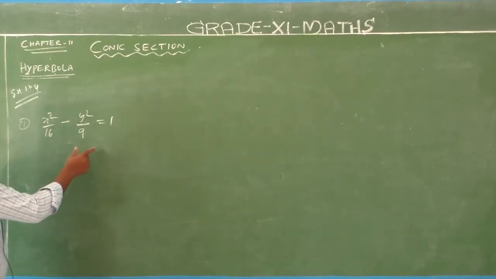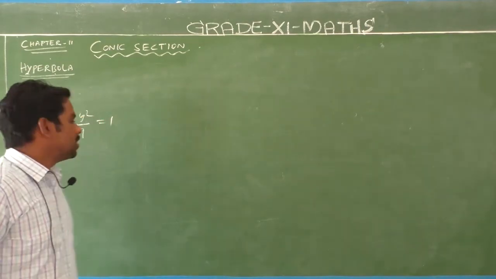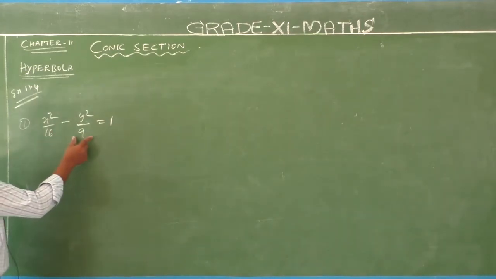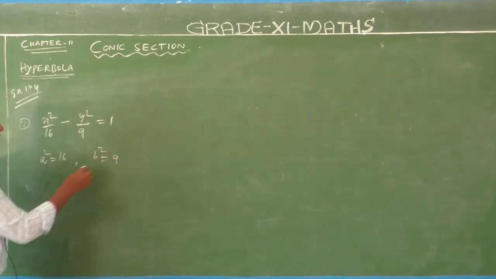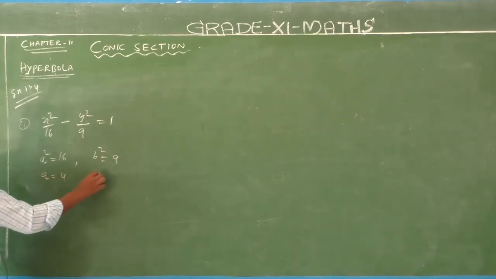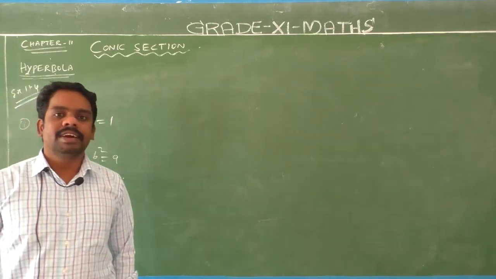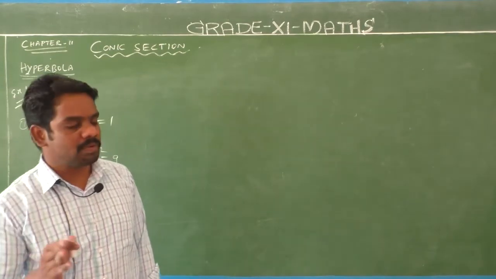In ellipse questions the biggest number is a squared and the smallest is b squared, but here the positive term's denominator is a squared and the negative term's denominator is b squared. So a squared is 16 and b squared is 9, a equal to 4, b equal to 3. We need foci, vertices, length of the latus rectum, and lastly the eccentricity of the hyperbola.